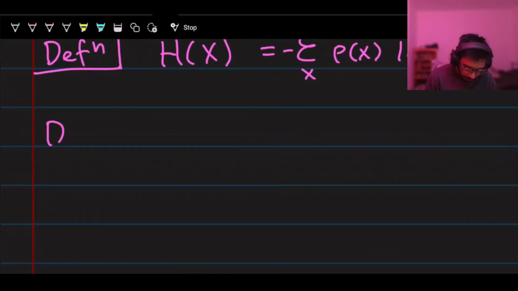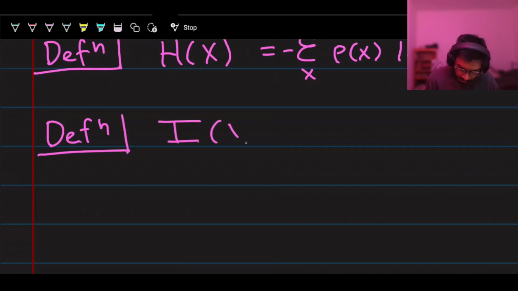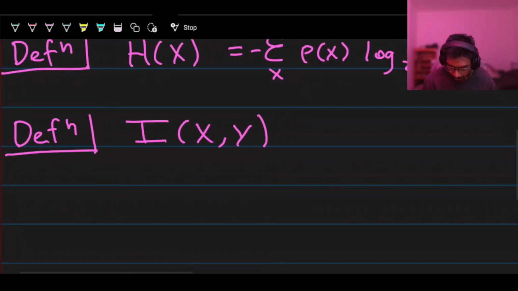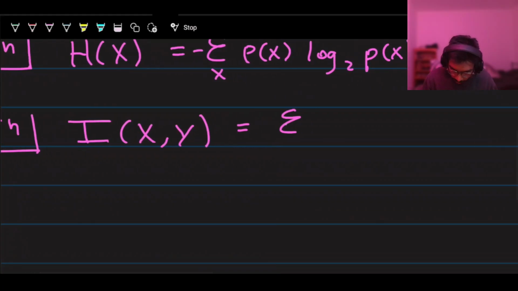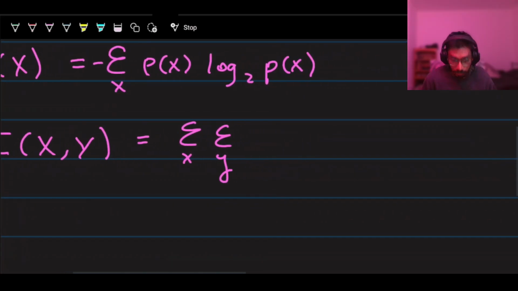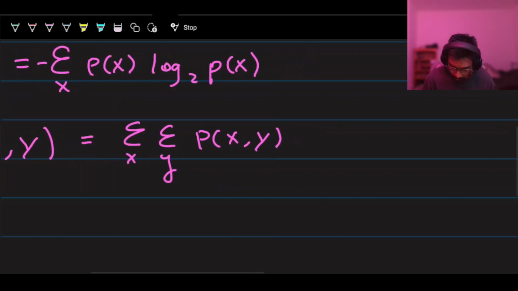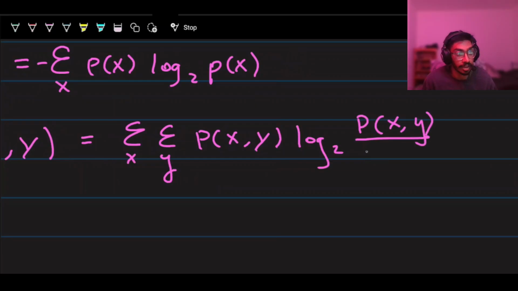Next, we can define mutual information. Mutual information is the information we can get from two dependent variables, and we can define this as the sum over our first random variable times the sum over our second random variable times their joint probability times the log of their KL divergence.